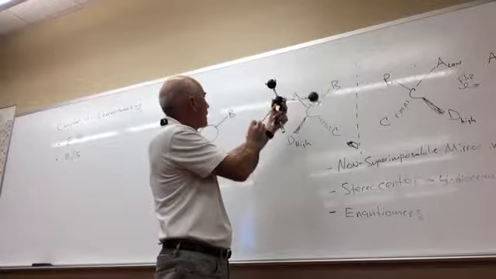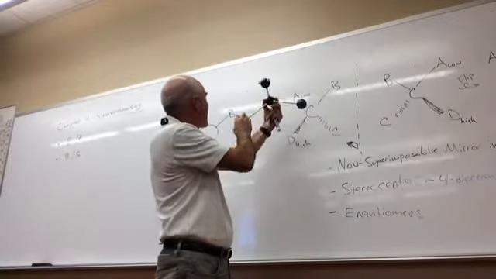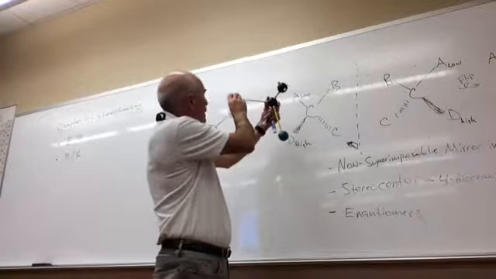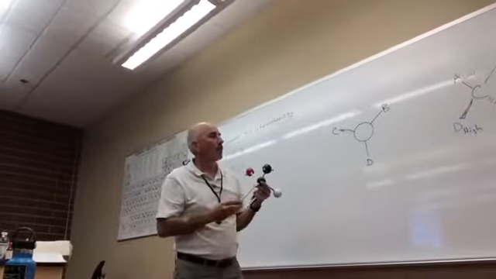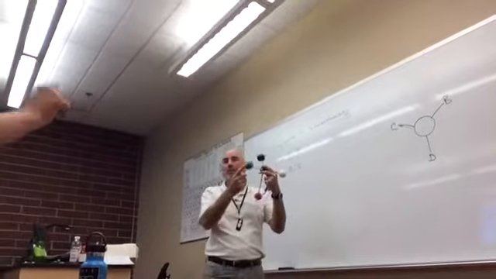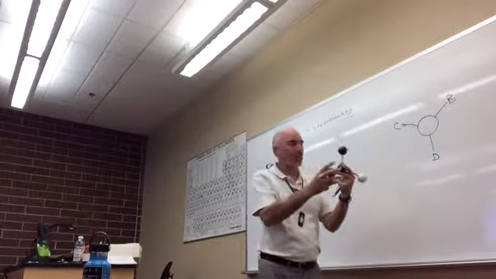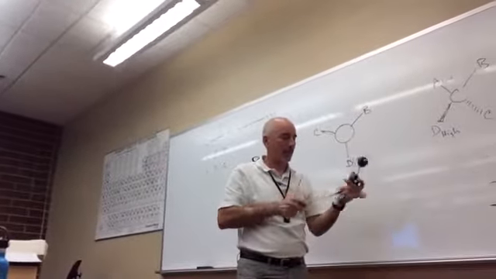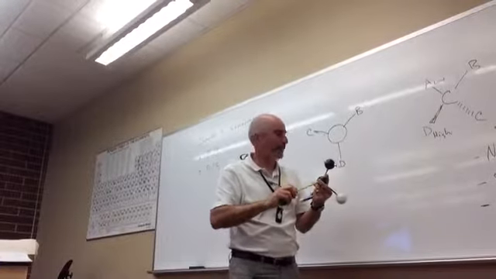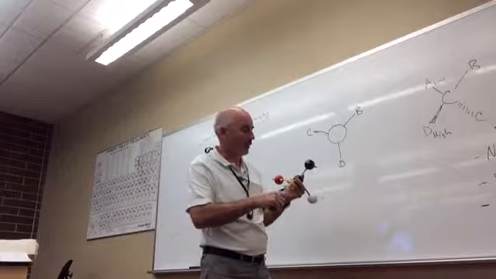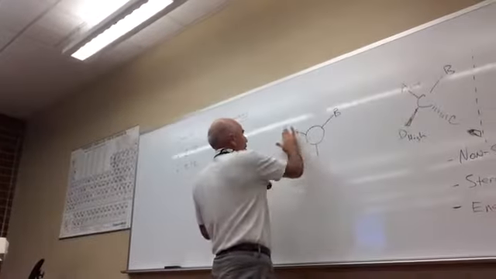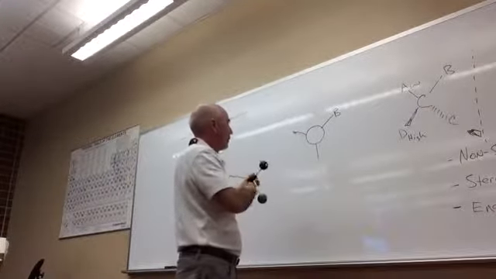There's just nothing to put on the front one. So this is C. No, that's... Which one is it? This should be A, B, and D. So A would be on the bottom.